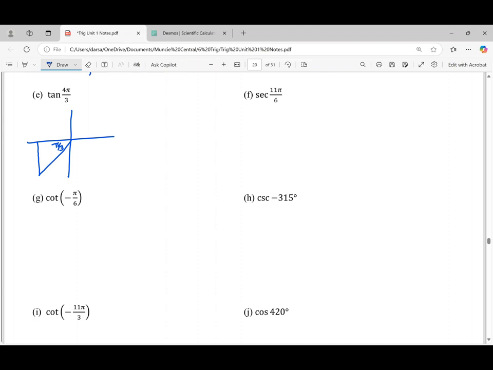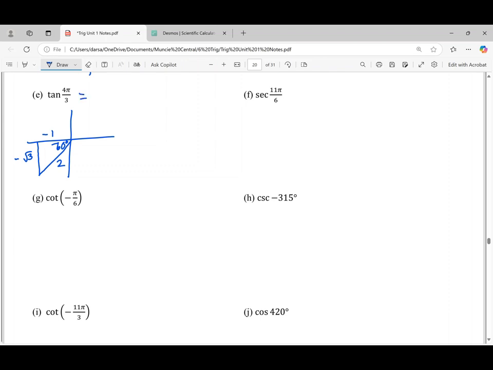So this is a 30, 60, 90 triangle. So I'm going to say, okay, just to make things easier on me, this is a 60 degree angle. That's the bigger angle. So the square root of 3 goes here, the 1 goes here, and the 2 goes here. But the 1 is to the left, so it's negative. The square root of 3 is down, so it's negative.